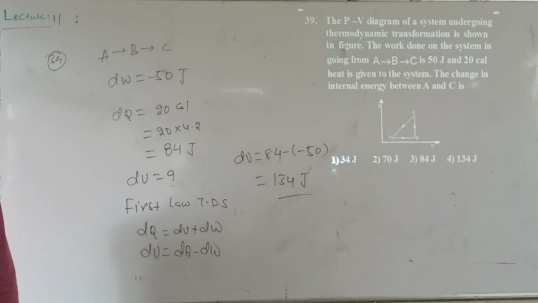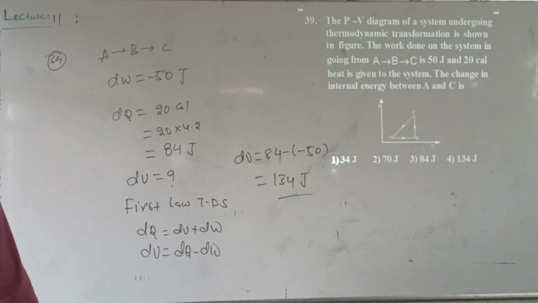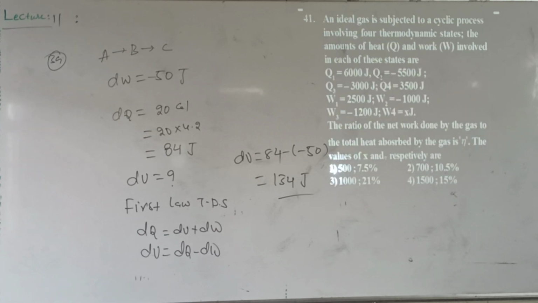So that is the answer. And remember, this is not the answer for the complete cycle A to B, B to C, then C to A. It is only for the process A to B, then B to C. Question understood? So this is question number 39. Next, question number 41.